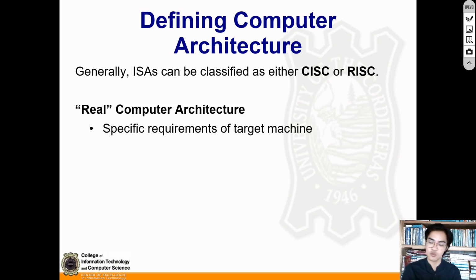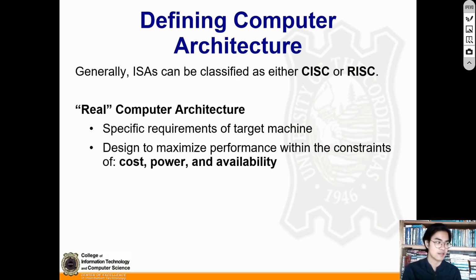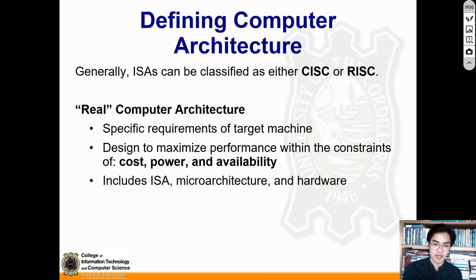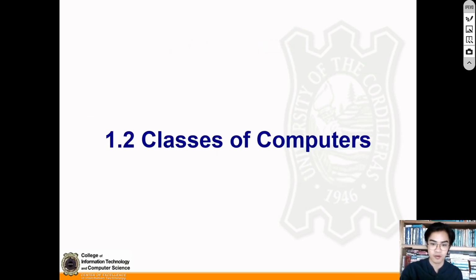We need to take a look at the specific requirements of the target machine, and design it to maximize performance within the constraints of three major points. First is cost, second is power, and third is availability. Of course, we also include the ISA and the microarchitecture and the hardware, but we don't rely on it alone.